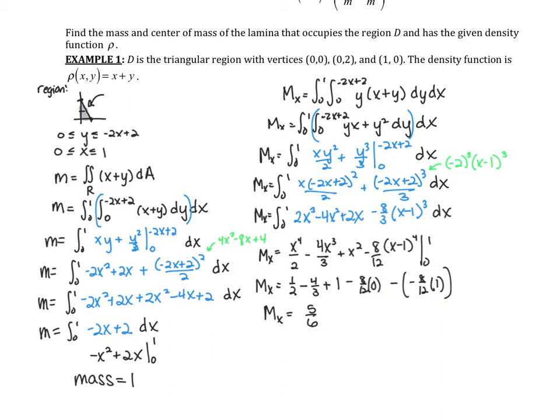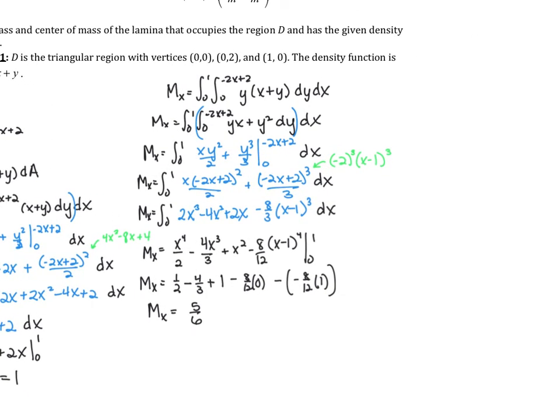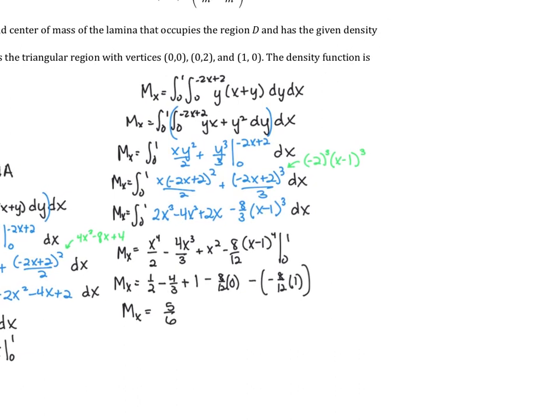Now I'm going to repeat this process, but with respect to the y-axis. So go ahead and hit pause and try finding the moment with respect to the y-axis. Okay, let's try the moment with respect to the y-axis.